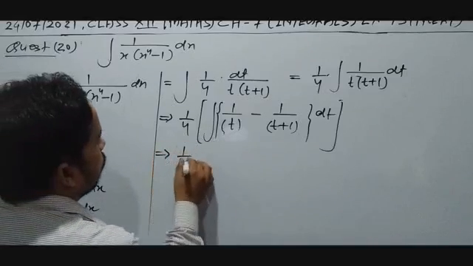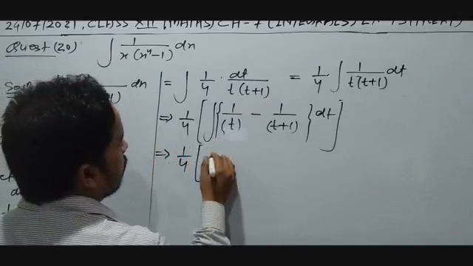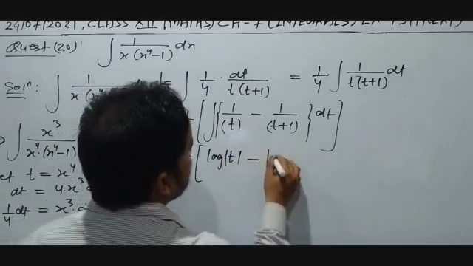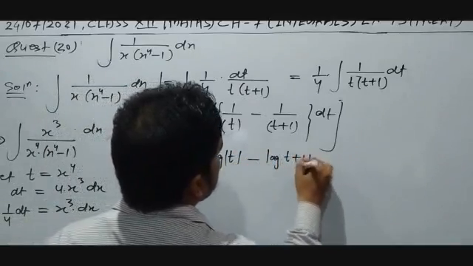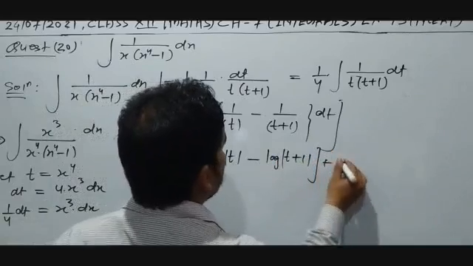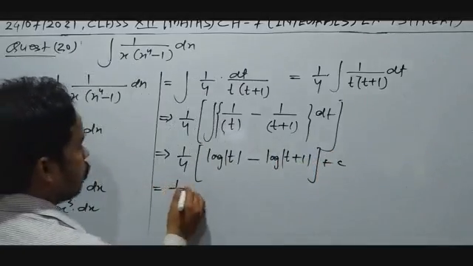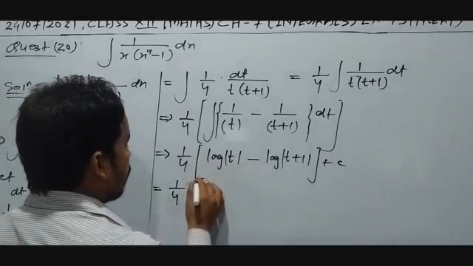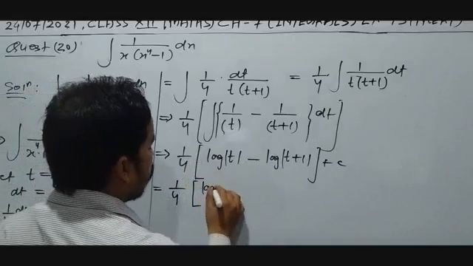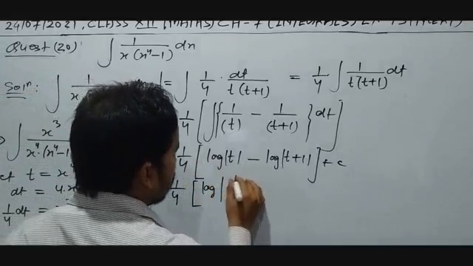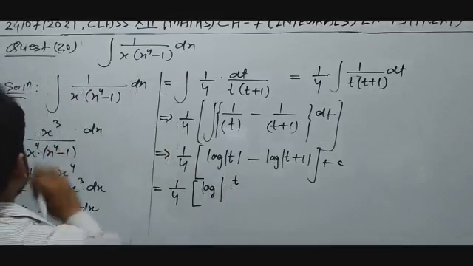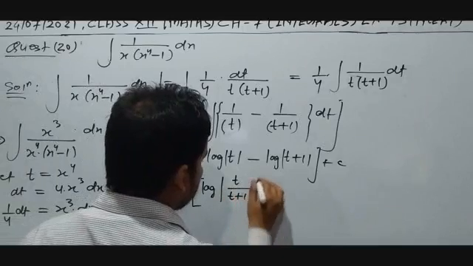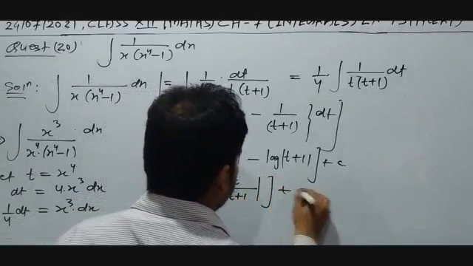So 1 by 4 times the first integration, that is log of mod of t minus log of mod of t plus 1, and now plus c. So 1 by 4, put the values of t and apply the formula of log. So log of mod of t, which we considered as x to the power 4, whole upon t plus 1, bracket close, plus c.